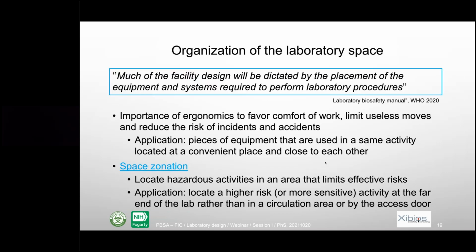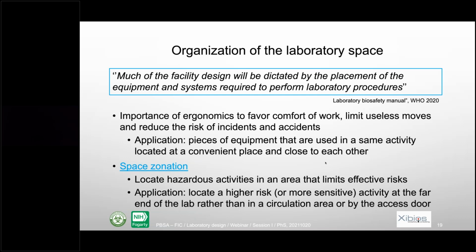So one point which is important, when you organize the lab, most of the time we do it based on the activities, of course, but also on the location of the main equipment and systems that are required to work in the lab. Some big equipment like a biosafety cabinet, if you need one, like autoclaves and so on. By locating them first, you can organize the lab around them.